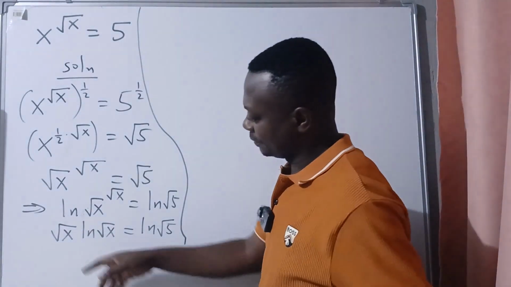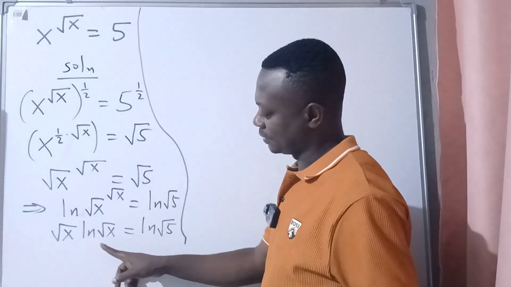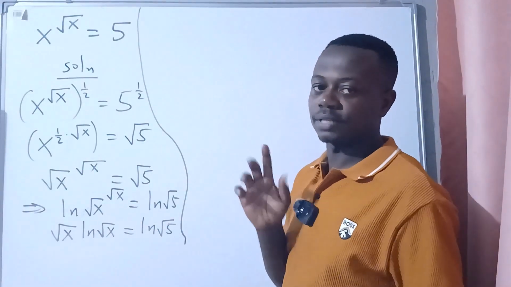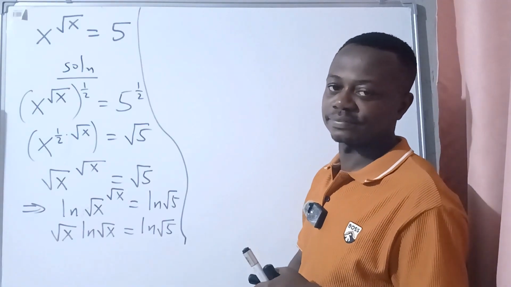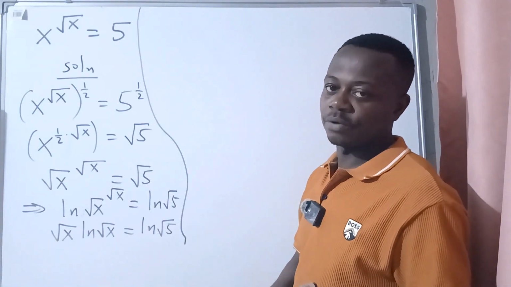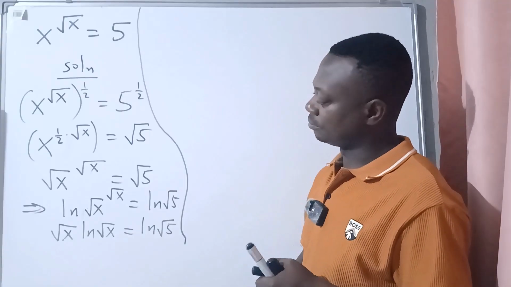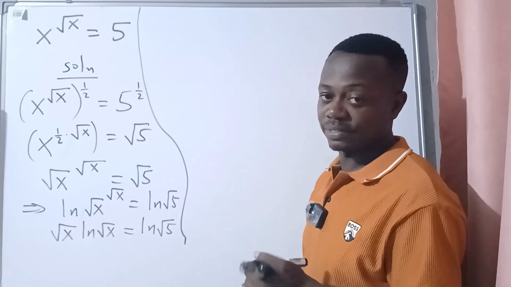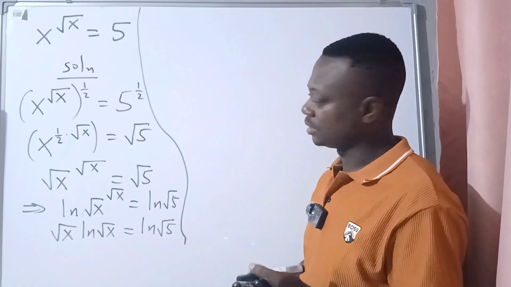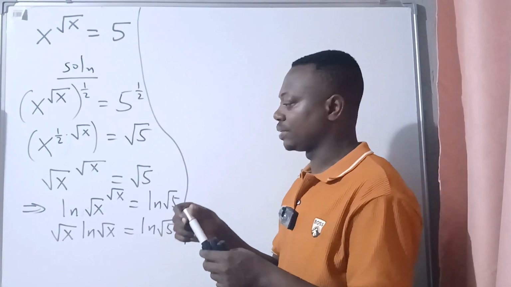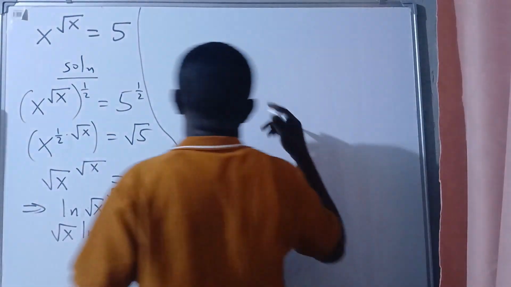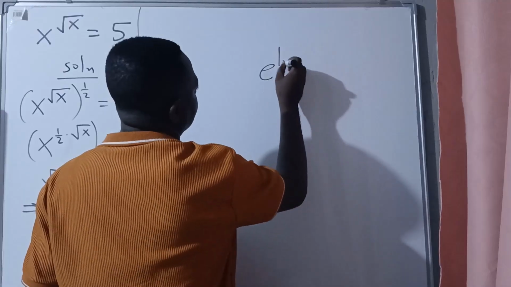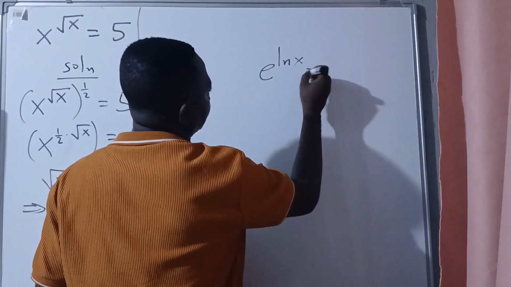Once we have something times ln of something, definitely we are going to apply the Lambert W function. So we are going to introduce two properties here, which are very important. The first one: when you have e exponent ln of x, the answer is x.